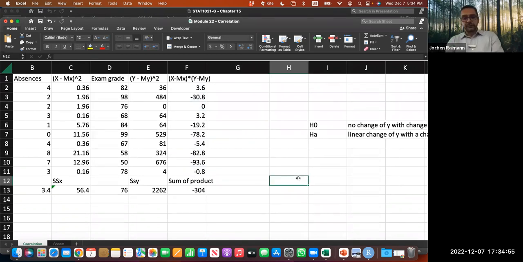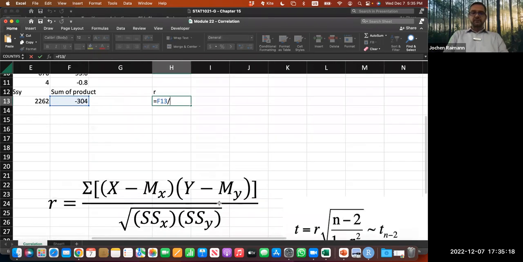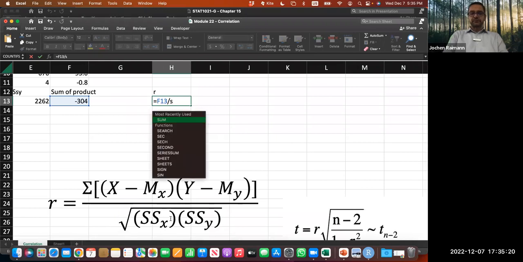So now the only thing you need to do is take the sum of products, which, as you already see, has a negative sign. So you know already it's an inverse relationship. You divide the sum of products by the square root of the product of your sums of squares.